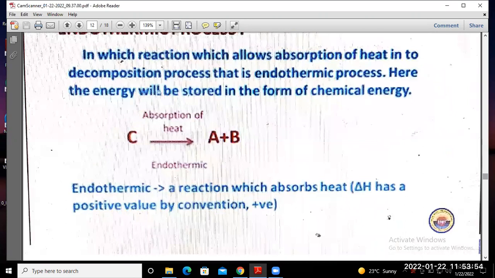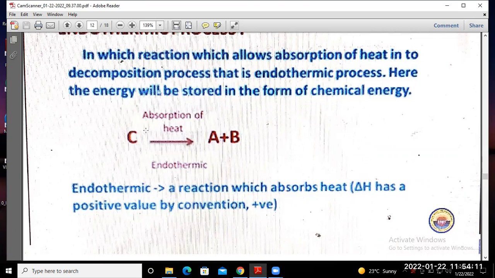Endothermic means the reaction which allows absorption of heat into the decomposition process.